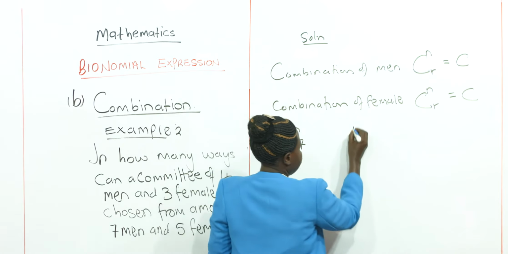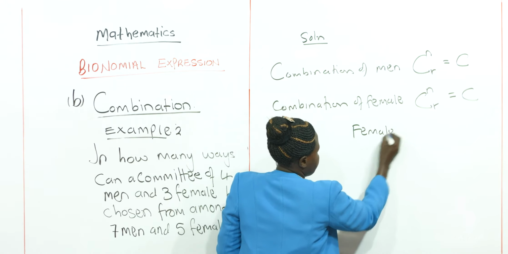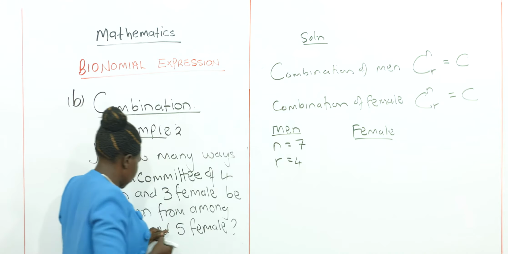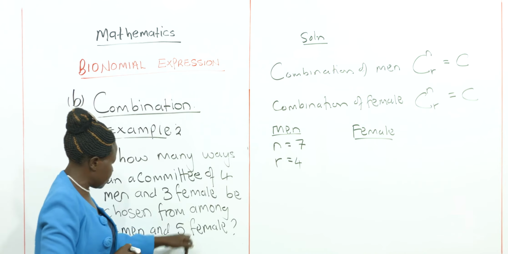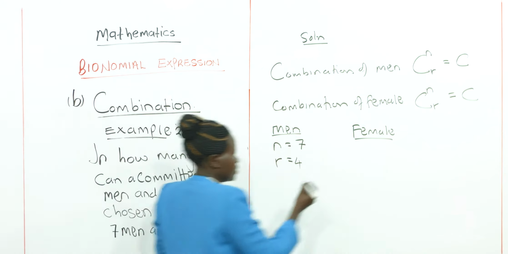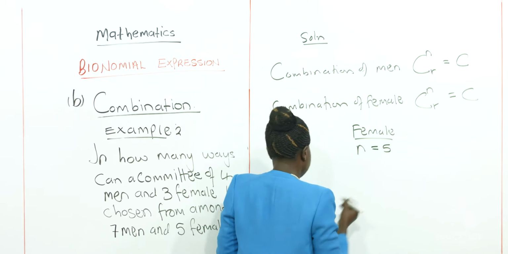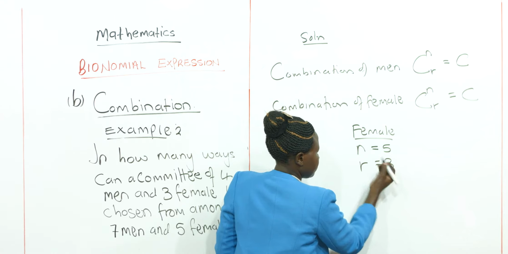And then we have women. They said 3 women be chosen from among 5 women. That means N for women is 5, and they only selected 3 of them.